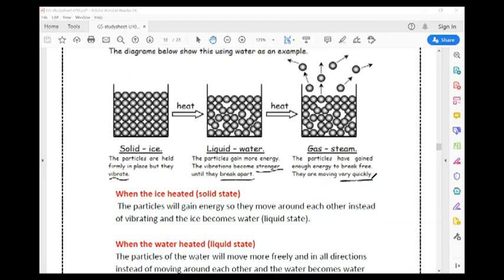So by gaining heat energy in solid state, the movement or speed of particles increases, so the distances between particles increase, so the matter changes from solid state into liquid state. By gaining more heat energy in liquid state, the speed of particles increases more and more, then the distances between particles increase more and more, and the water changes from liquid state into gaseous state.